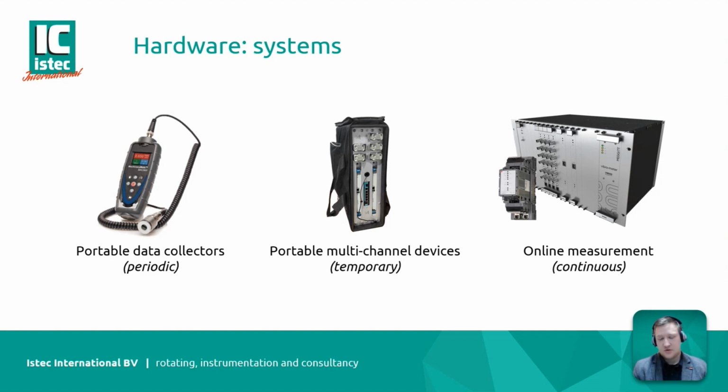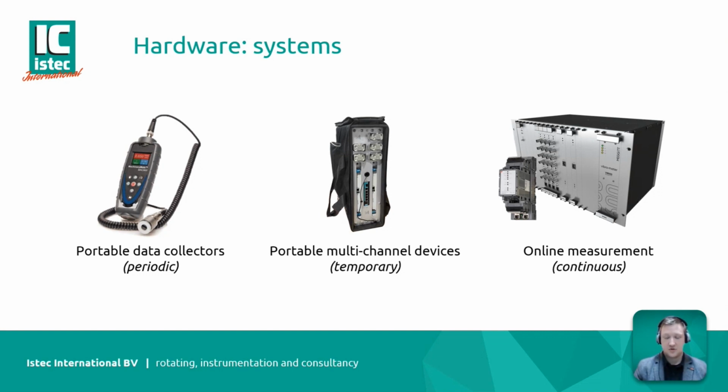Online measurement systems are fixed, so they have their place in the system, and the data is continuously input to the system and processed. The portable multi-channel device is a good first step when there is critical machinery that is equipped with a protection system but lacks condition monitoring capabilities.